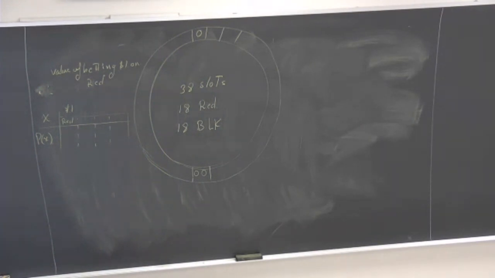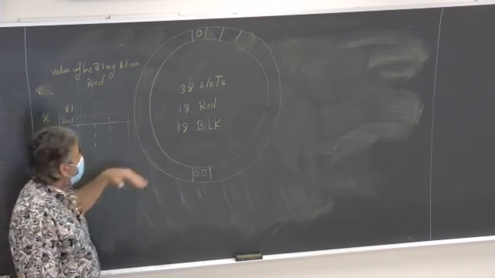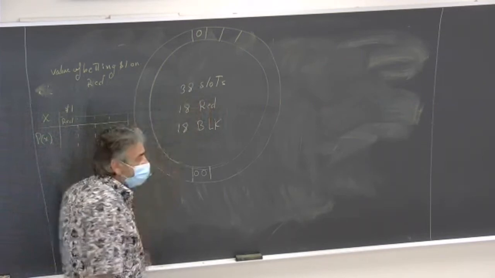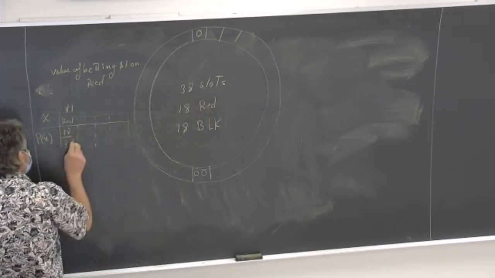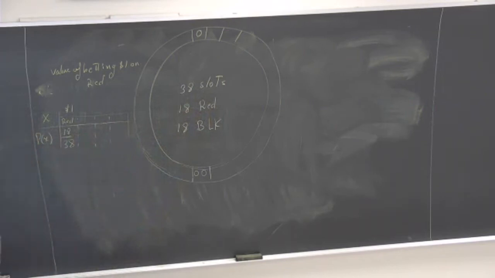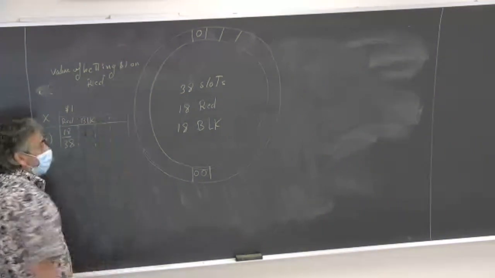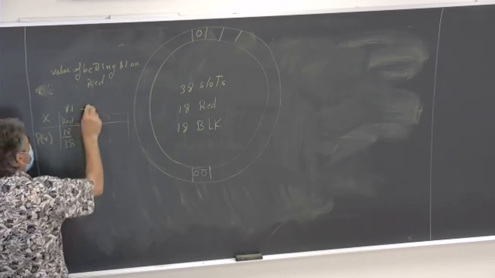Yeah? You win $1. What's the probability then of landing on red? Well, we have 18 red and a total of 38. So that's 18 over 38. Yeah? Well, you could also land on black. And in that case, you lose $1.